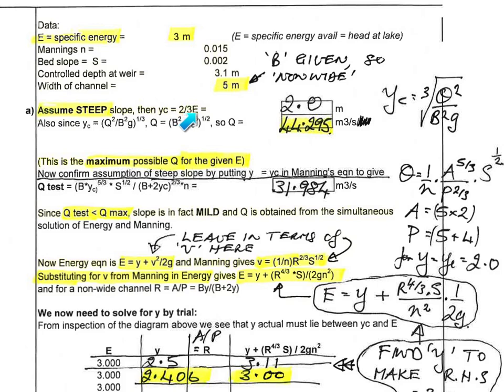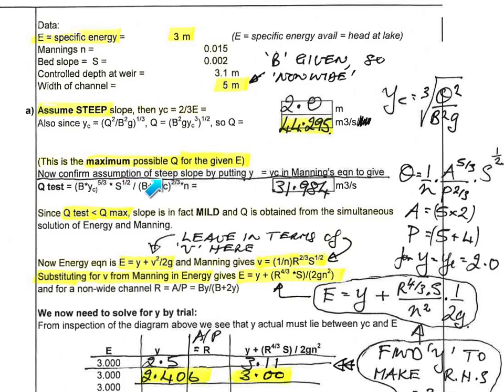It's going to be 2/3 of E, so E was 3, so that's just 2. And then we know that yc is the cube root of little q squared over g, and if it's not a wide channel, then little q we write out as Q squared over b squared g, and that will allow us to calculate Q, because we know yc is 2, and Q comes out to be 44.3. So that is the maximum possible Q we could have for that given E.